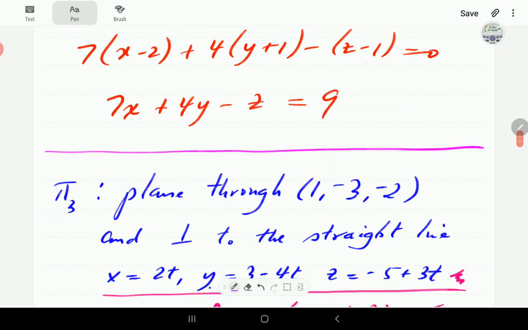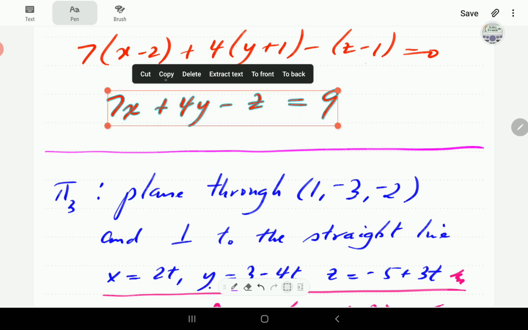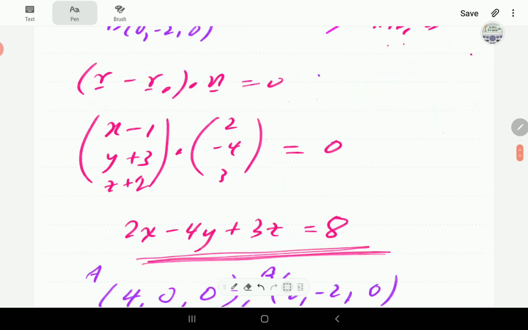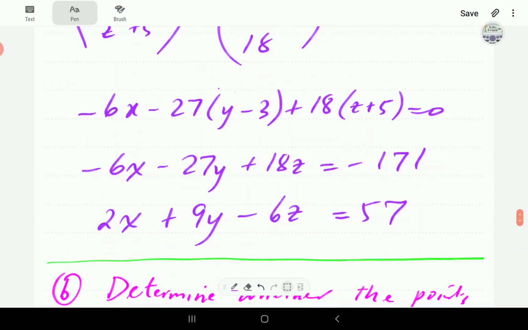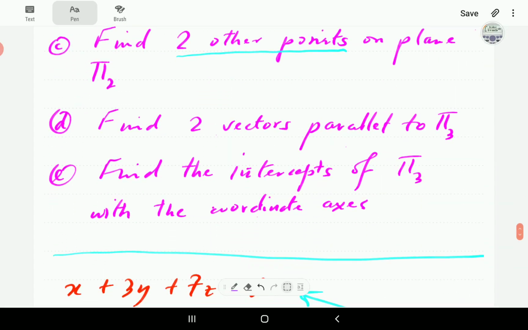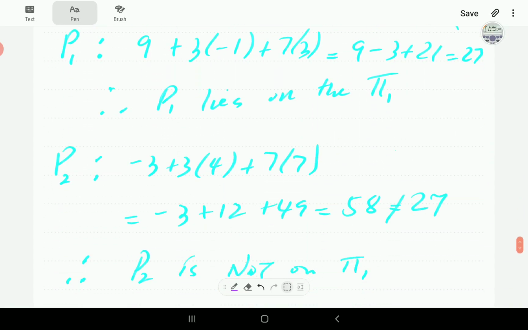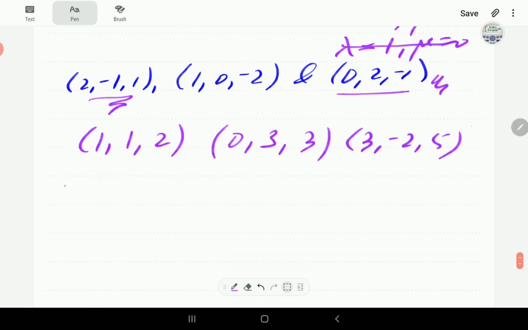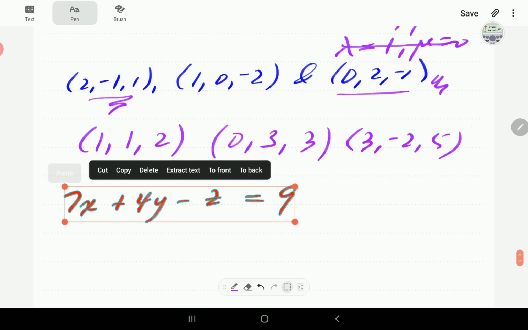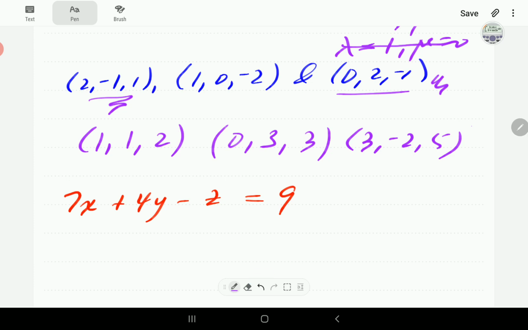So the first thing I'm going to do now is bring down the scalar equation and then show that all the points we've generated using the parametric form must satisfy the scalar equation. So let's start with this one.